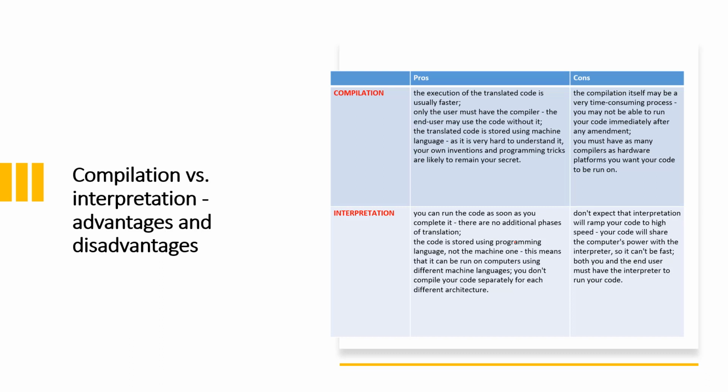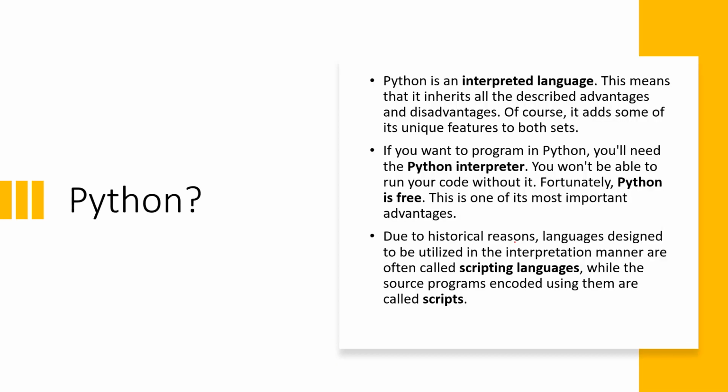The cons: compilation itself may be a very time-consuming process, and with interpretation, don't expect it to ramp up your code to high speed or put up its own power from the computer. You can go ahead and read in detail the advantages and disadvantages between compilation and interpretation.